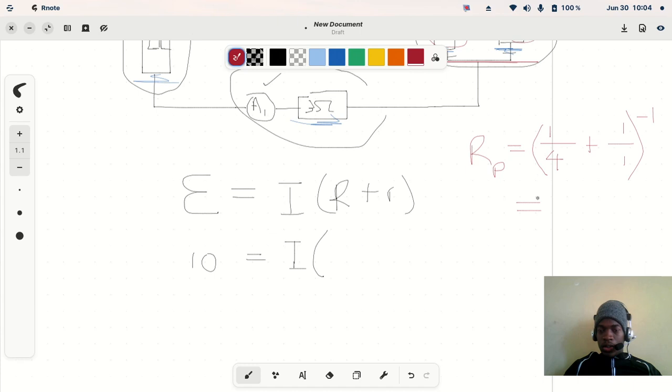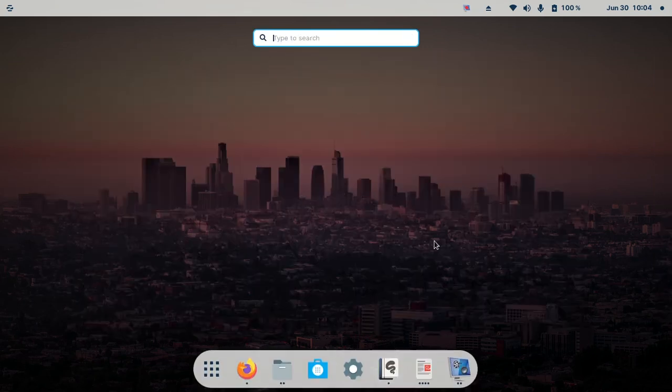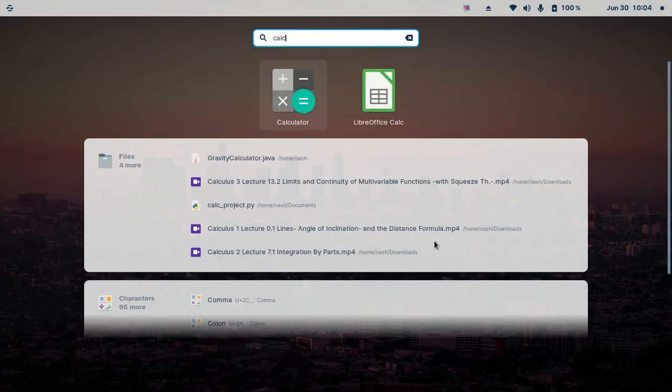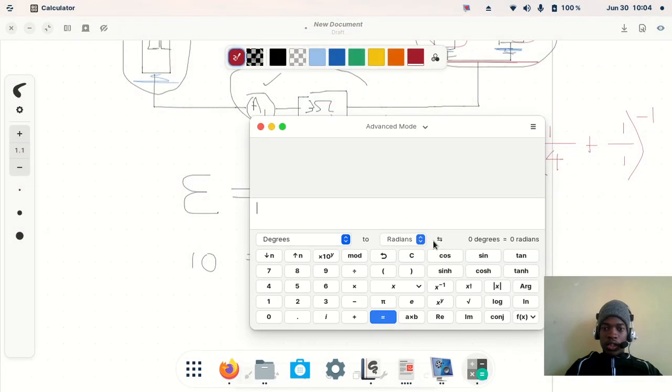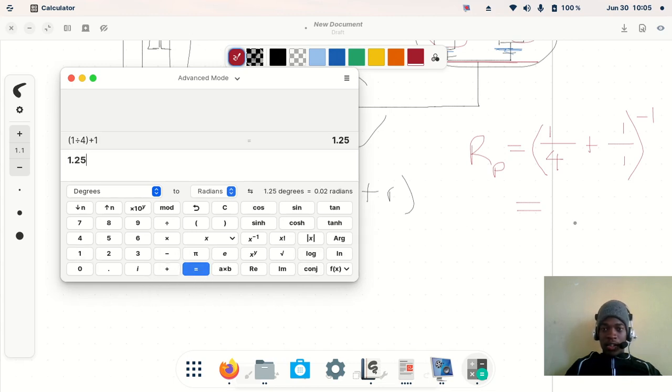Here we're just going to use the calculator, guys. Uncle Calculator is going to come out. We're just going to punch that in as it is. So we've got 1 over 4 plus 1 over 1, which is just 1, so I'm just going to put it in as it is.